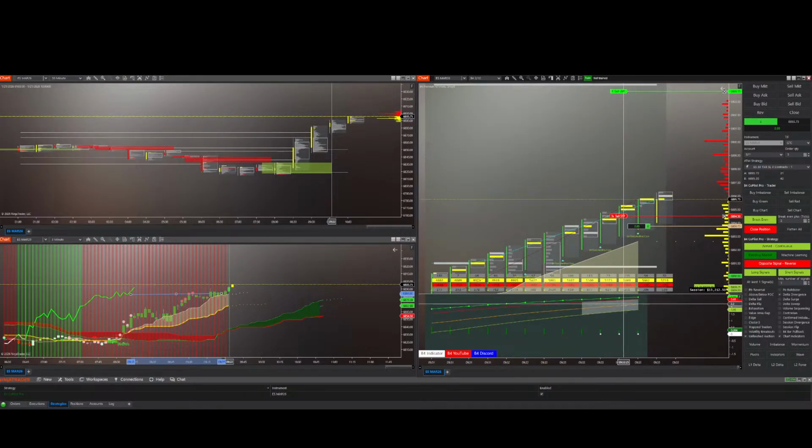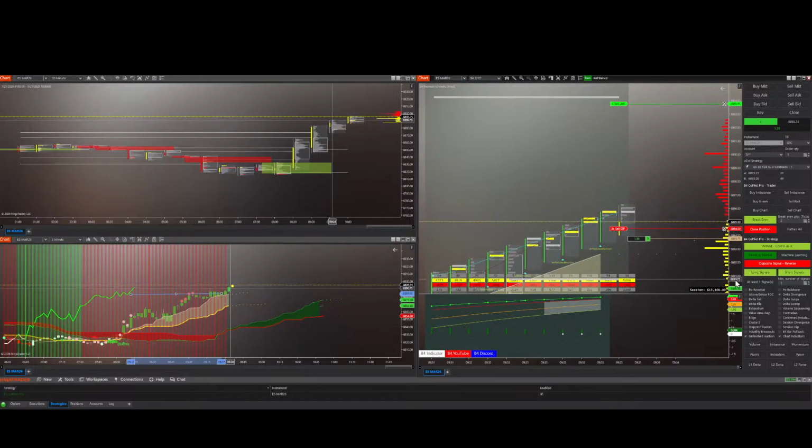Now the squeeze is starting to take place. The squeeze typically takes place at the top or the bottom of the move. And this is the perfect place to go ahead and guard that. I'm going to go ahead and turn this off.